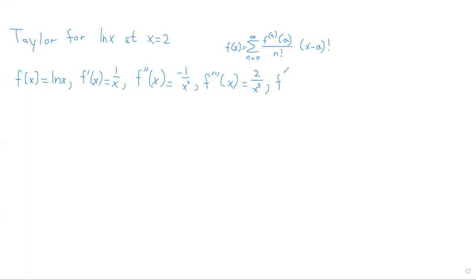f4 of x is equal to negative 6 over x to the 4. f5 of x is equal to, let's see, 24 over x to the 5.